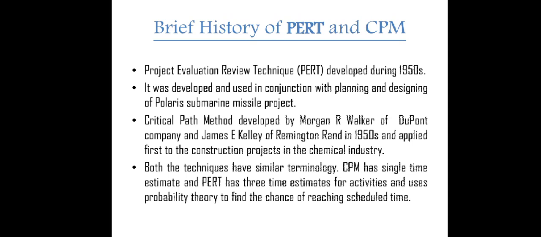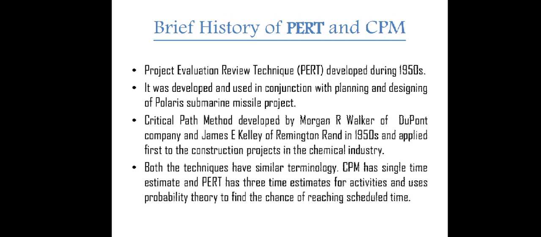And critical path method was developed by Morgan R. Walker of DuPont Company and James E. Kelly of Remington Rand in the 1950s, and applied first to the construction projects in the chemical industry. So PERT was first used in the missile project and CPM was first used in the construction projects of the chemical industry. Both these techniques have similar terminology.